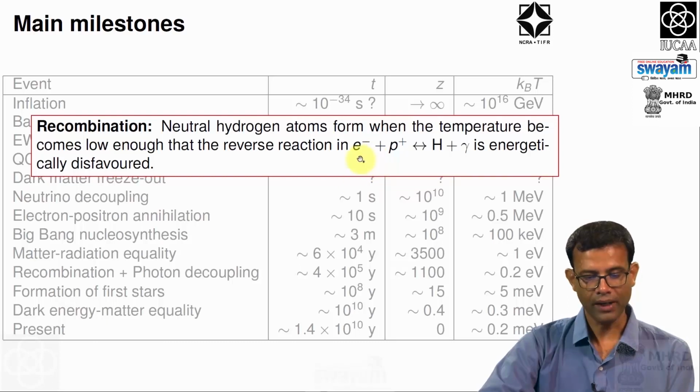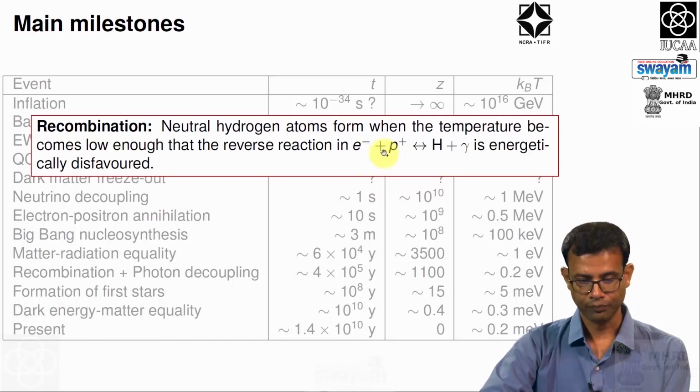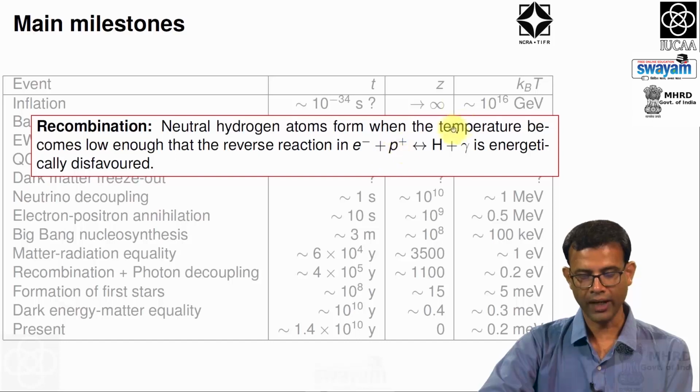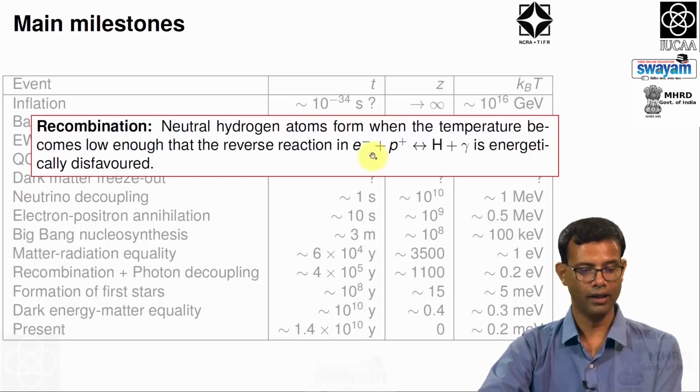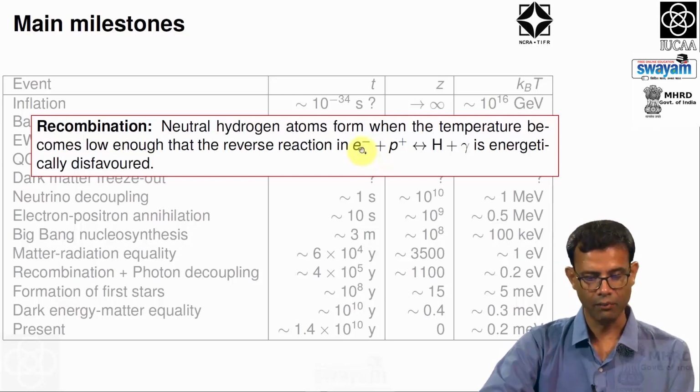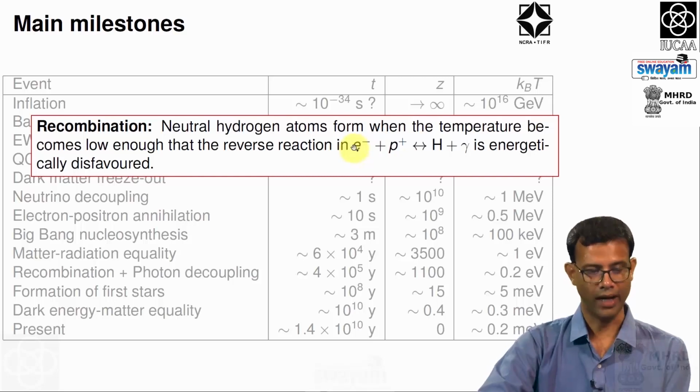Before this, the electrons and protons were forming hydrogen, but they were immediately being broken down by photons. So, one would have reached some kind of equilibrium like this, but when the temperature becomes low enough, the reverse reaction, that is hydrogen plus photons going to electrons and protons, the ionization basically, becomes energetically disfavored, and that is the time you start forming stable atoms.